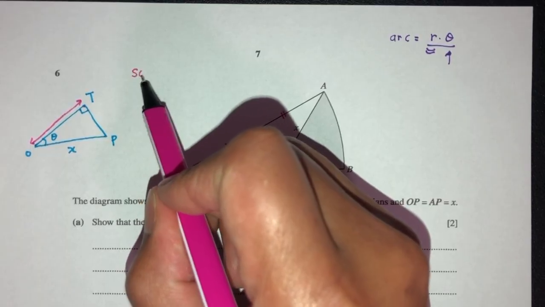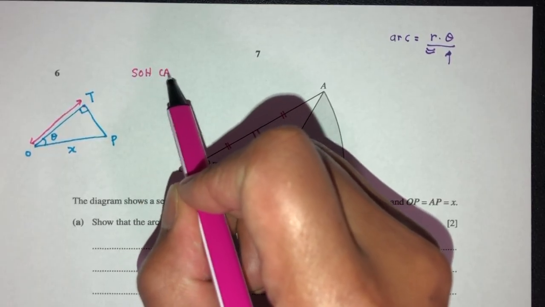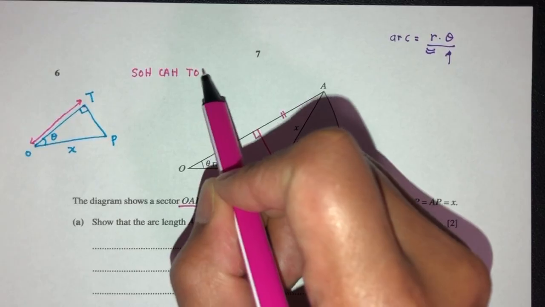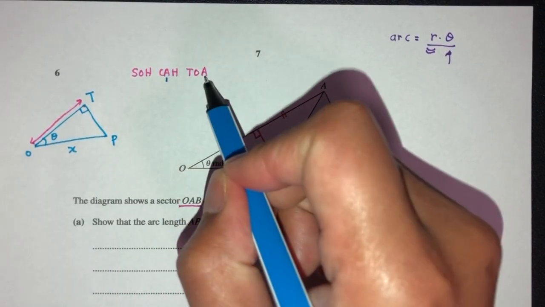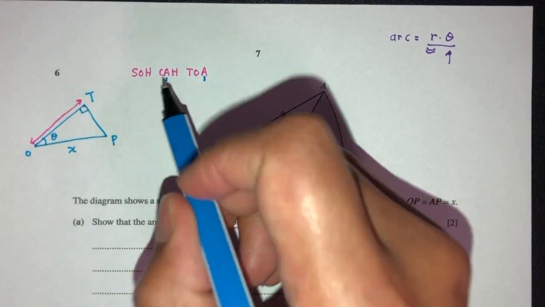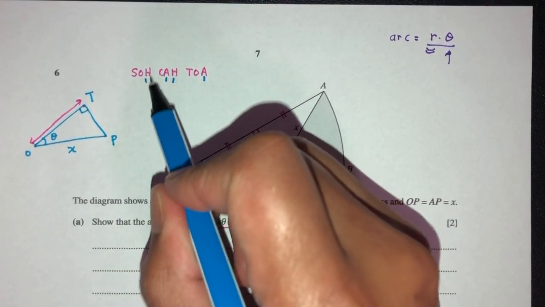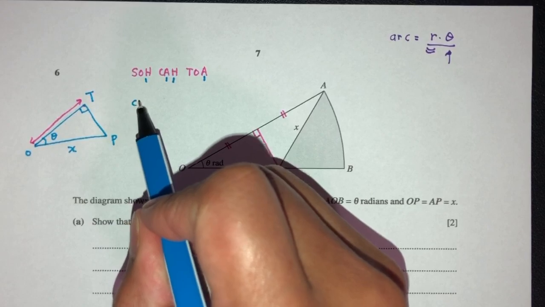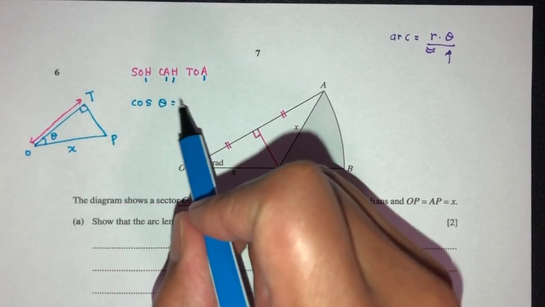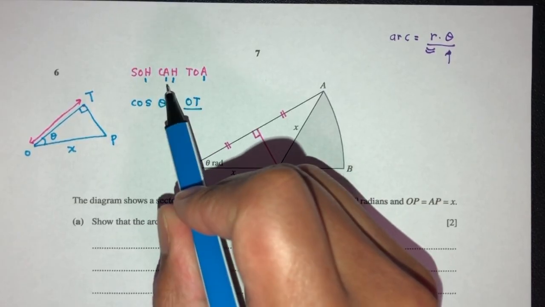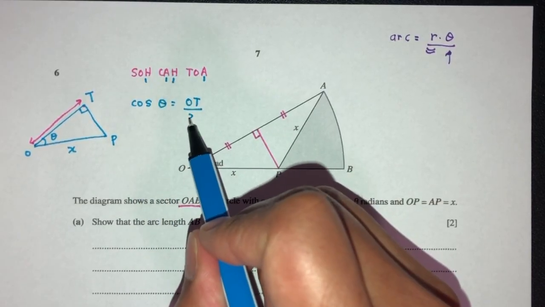Let's check. SOHCAHTOA. So here we have the A side, A and A, and here we have the hypotenuse, H and H. Here we have these two. That should be cos. Cos of the angle theta is equal to the A side, which is OT, over the value of H, which is the hypotenuse.